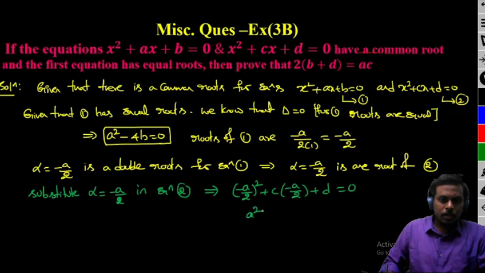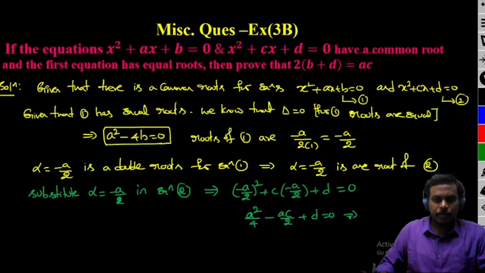So this is a square by 4 minus ac by 2 plus d is equal to 0, which implies a square minus 2ac plus 4d is equal to 0.